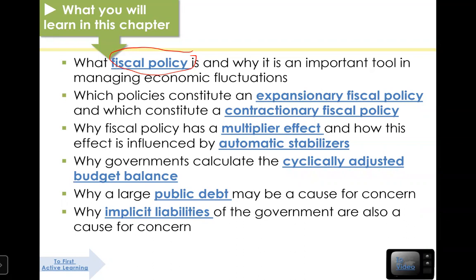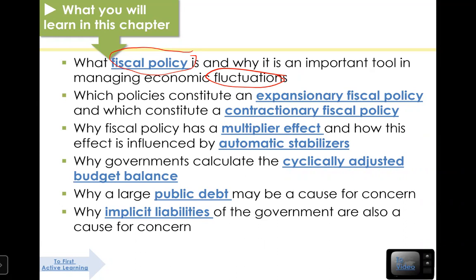We are going to quickly understand why it is an important tool and why it can help us manage economic fluctuation, again in the short run. I emphasize that fiscal policy also has a powerful impact on long-run economic growth, but that we already covered.